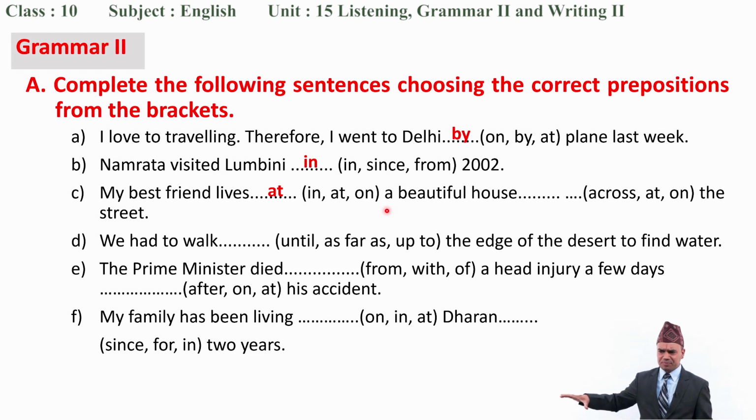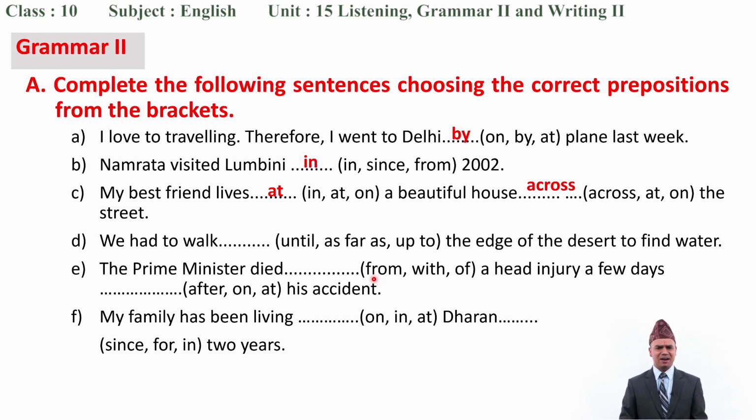And the street, that street you have to use basically what? Across. Good. Good guess. Very good. Now question D. We had to walk the edge of the desert to find water. So let's guess it.